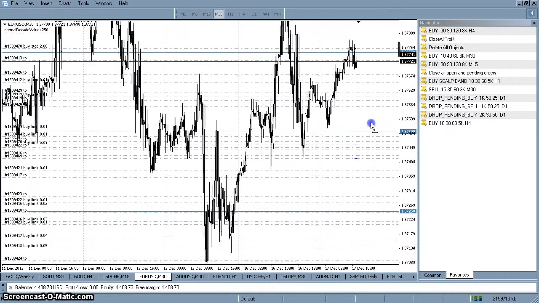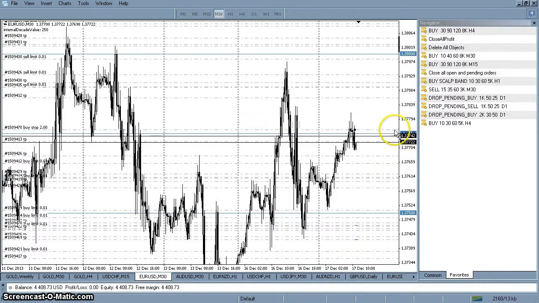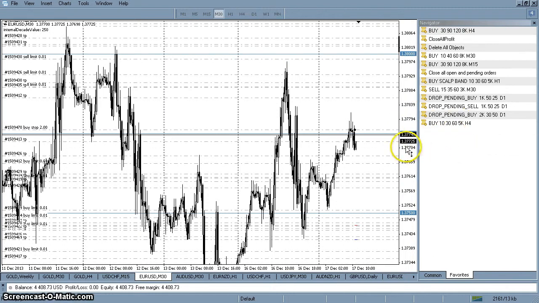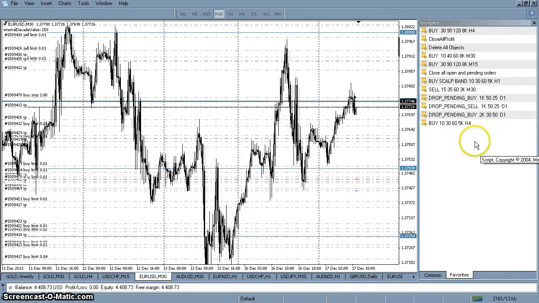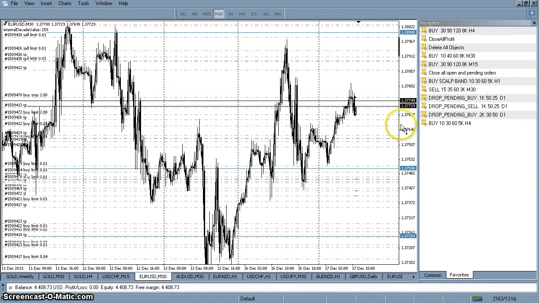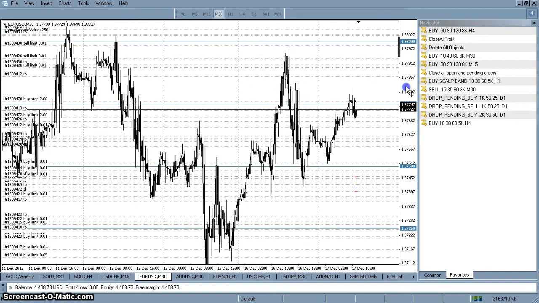So if you want to get in on this swing here as it flows that direction, and say you don't want to buy the market, but you want to get in if it does pull back, there's your entry.